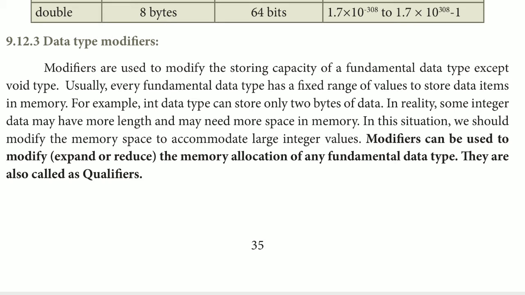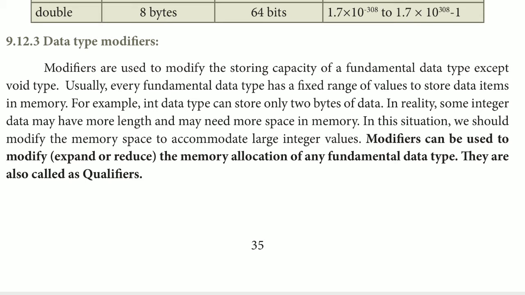This is an important two mark question: what is meant by qualifier? A qualifier is also known as a modifier. This modifier expands, increases or decreases, reduces the memory space according to the needs of the fundamental data types.